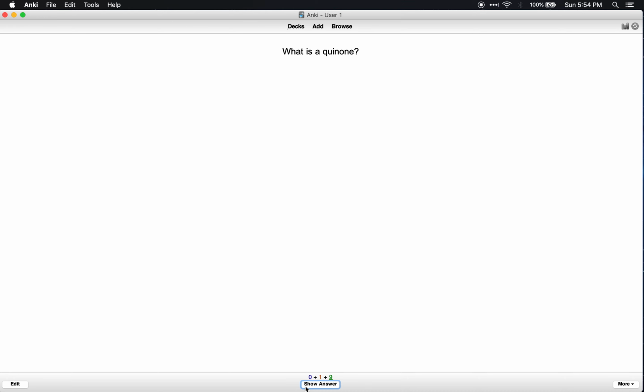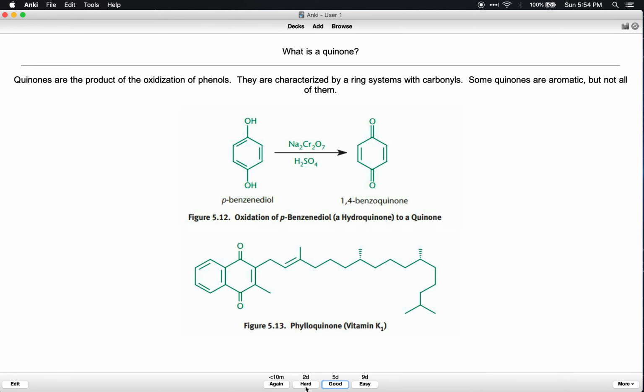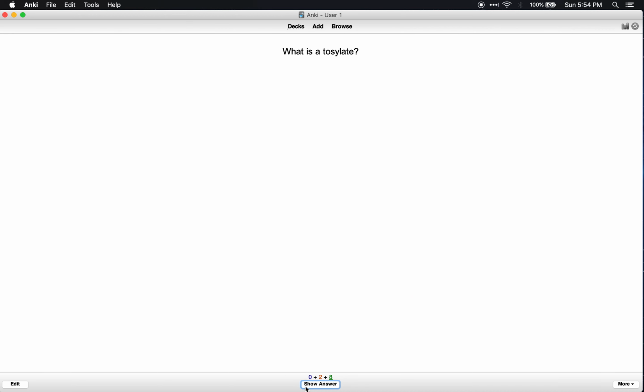What is a quinone? Product of oxidation of phenols. They are characterized by a ring system with carbonyls. Some quinones are aromatic, not all of them. So a phenol is converted into a carbonyl. What is a tosylate? Tosylate can be formed using TosCl on an oxygen, which adds a tosyl group to the O.